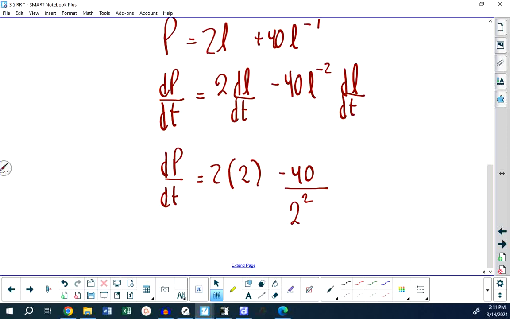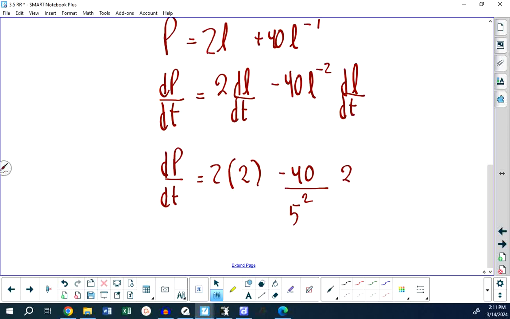Whoops. No. The length is 5, right? The length is 5 and dl/dt is 2. Okay. So 5 is L. L to the negative 2 is 1 over 5 squared. And then dl/dt is 2.